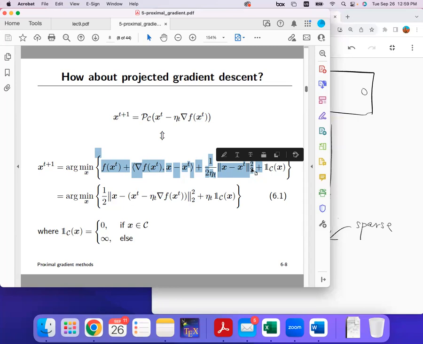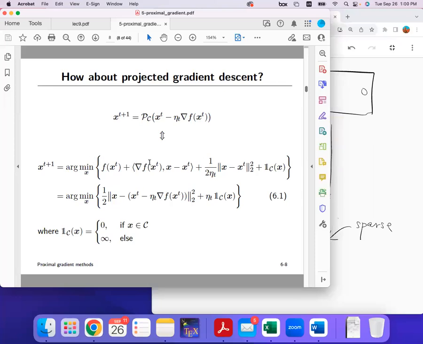So the only meaningful part of this problem is when we restrict x within the set C. And we can show that by completing this square term, this is equivalent to the following one. And this is exactly the projection operator that we write here.